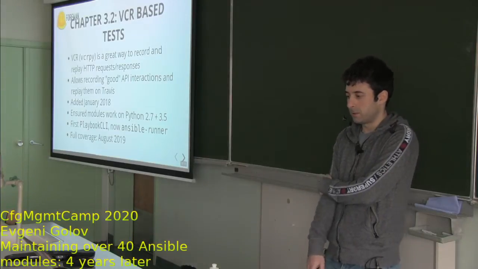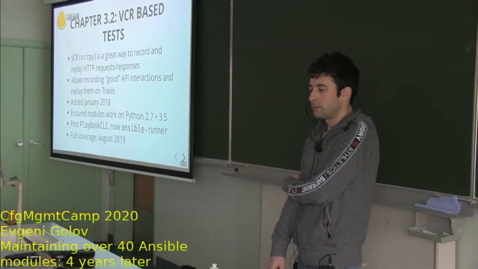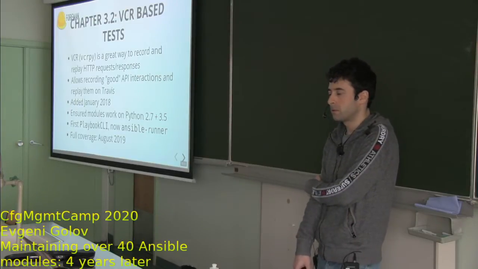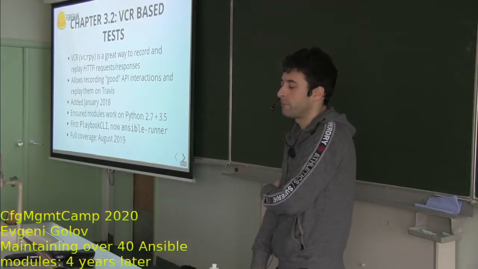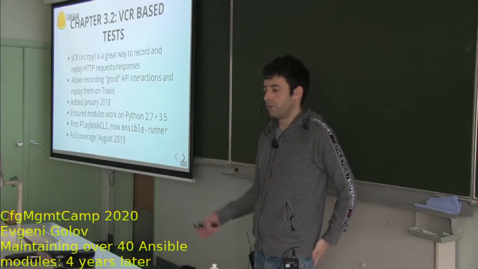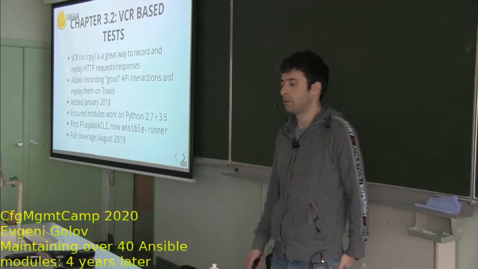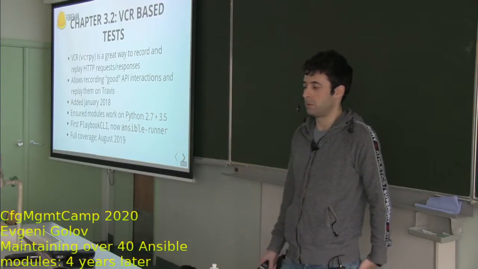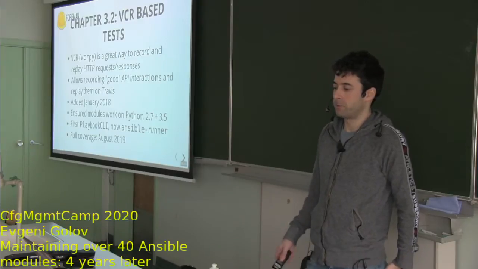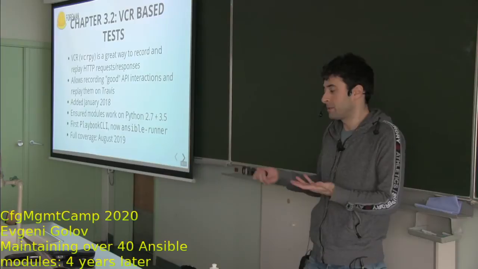This was added in early 2018 and allowed us to have the good interactions with the API available. It still doesn't fix issues when you, for example, forget a parameter or so, because it's recorded.